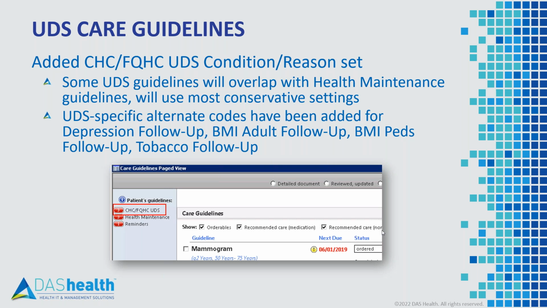And then the UDS guideline has mammograms starting at 40 years. It's going to only show one guideline for mammogram, and it will be for 40 years because that's the more conservative of the two options. So just so you're aware, it shouldn't cause duplications, but again, just help you with compliance with that UDS reporting. And as you can see, there are some additional guidelines that were added that are brand new, again, specifically to UDS to help you with that tracking.